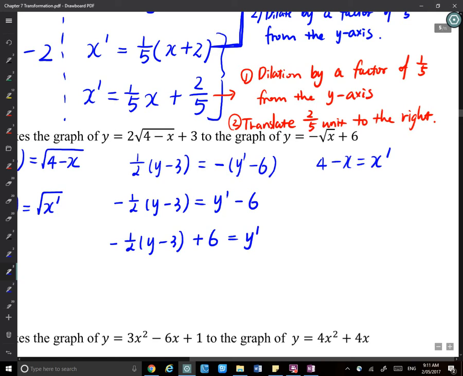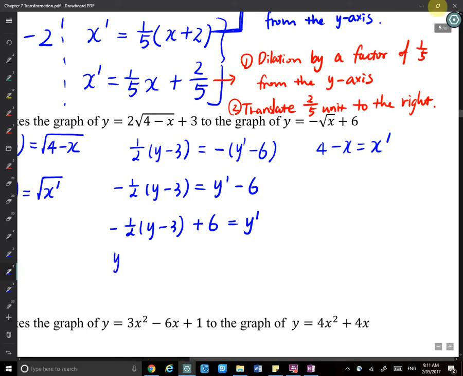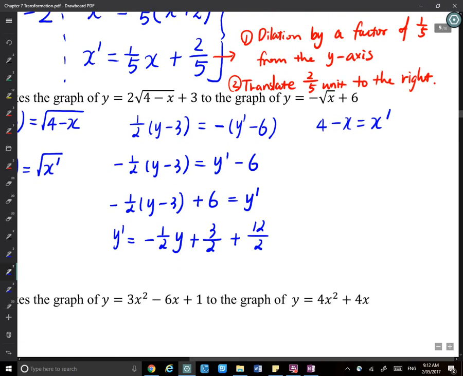As I said, I don't want that in bracket form. I want DRT order, so I will expand it. So y dash equals minus a half y plus 3 over 2 plus 6, 12 over 2. So y dash equals minus half y plus 15 over 2.